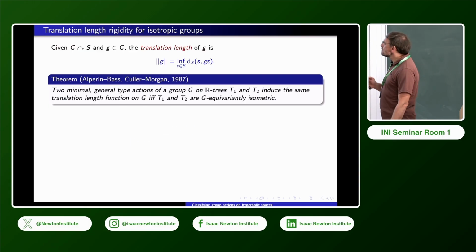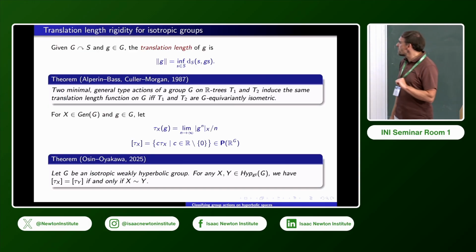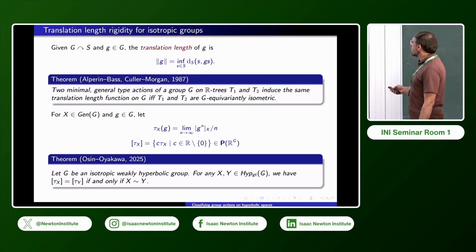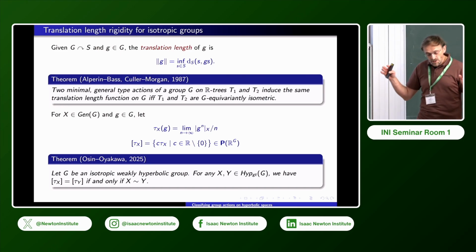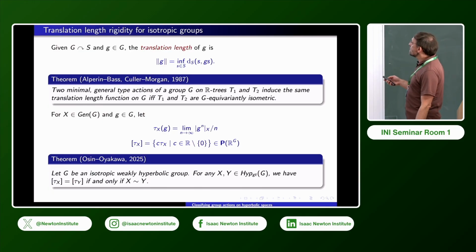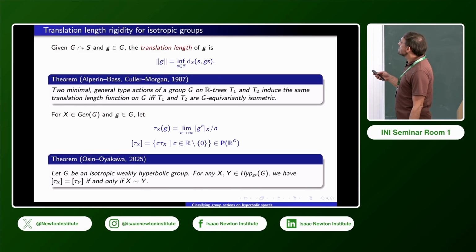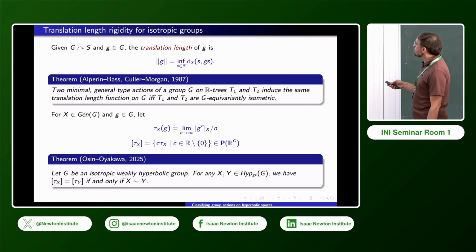Interesting. So in our situation, the equivalence relation is slightly different. We want to classify our generating sets or the corresponding actions on Cayley graphs up to a considerably weaker equivalence relation. But we still have a similar theorem. Instead of the translation function defined here, we consider the stable translation function defined in this way.